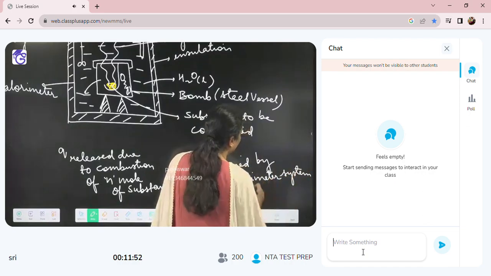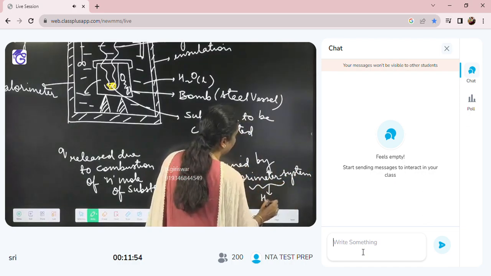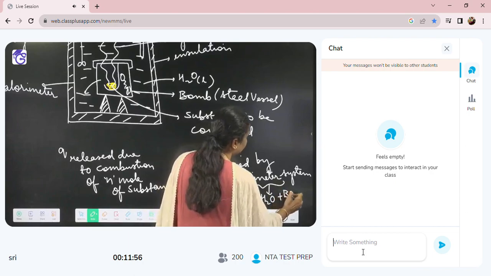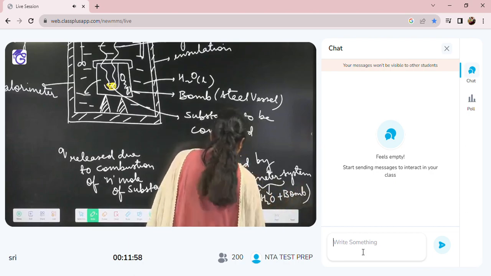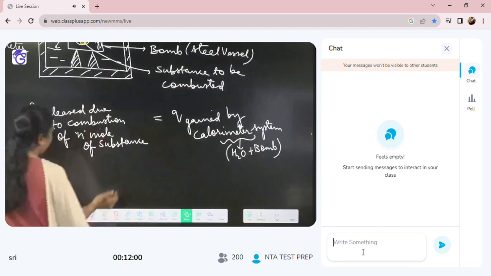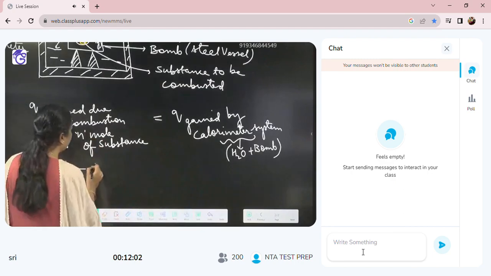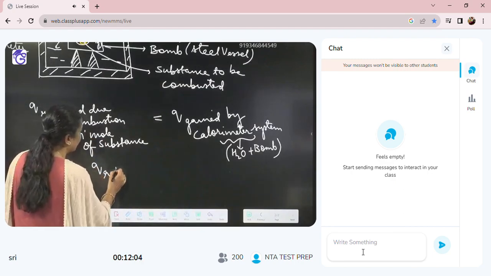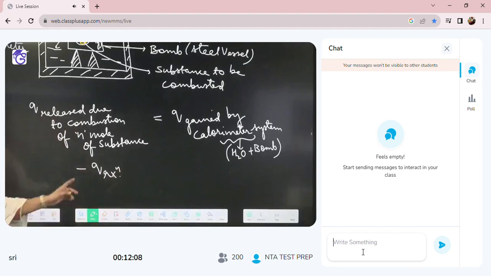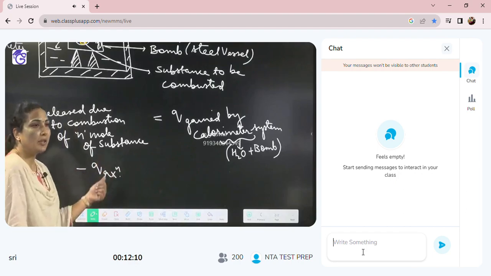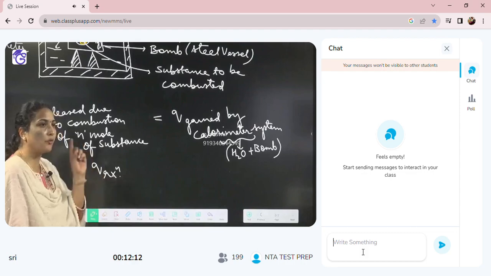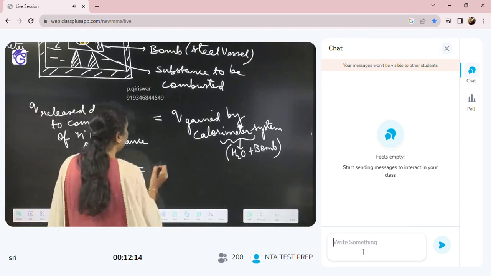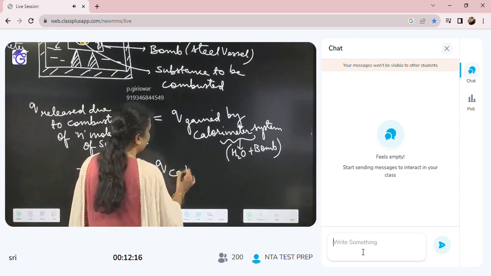When I refer to the calorimeter system, I am referring to H2O plus the bomb; both of them make the calorimeter system. Now applying the sign convention, heat released will be minus Q, and combustion is a reaction, so for simplicity I am writing minus Q reaction. Heat gained is positive, and it is gained by the calorimeter system.